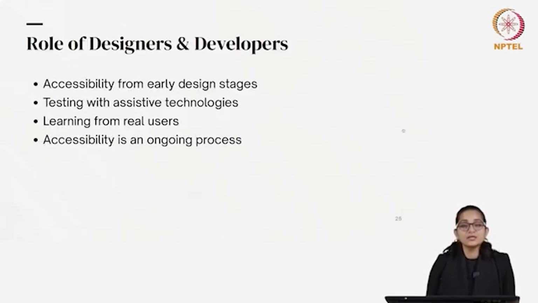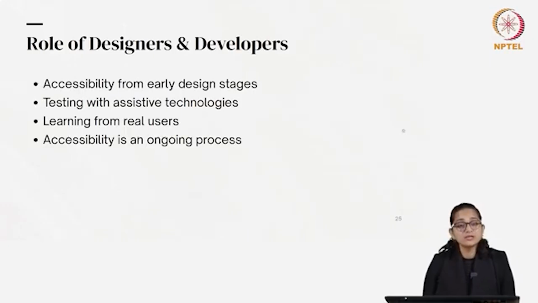So at this stage, if you are a designer or a developer or a student who is just learning about accessibility, think about accessibility from the early stages of design or development itself. Plugging it in at a later stage can be very difficult, and we have spoken about this point multiple times.